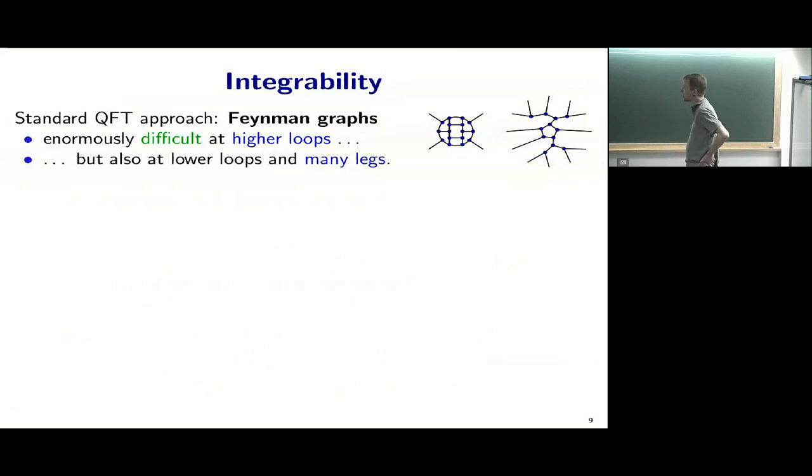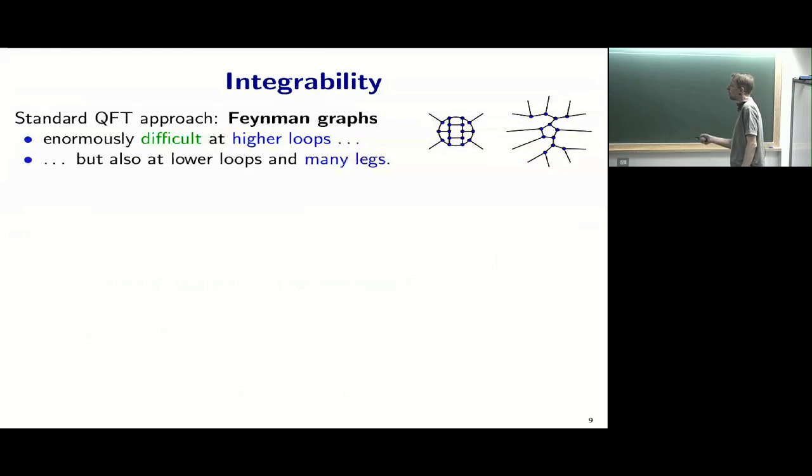If you wanted to do any computations in a quantum field theory, such as N=4 super Yang-Mills, you would usually go to Feynman diagrams, Feynman graphs. But going to higher loops will be enormously difficult, not only because of combinatorics, but also because the integrals that you have to calculate are very difficult. It's also very difficult, even at lower loops, if you have many legs.